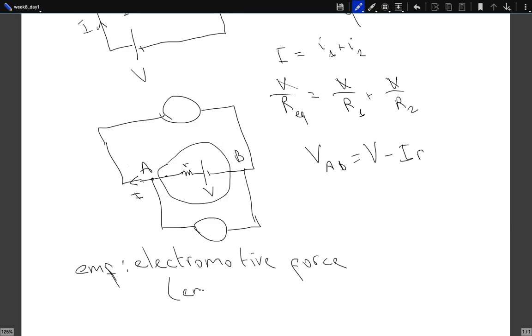Just a warning: EMF is not a force. Although its name has the word force, it is not a force. So we will always use the terminology EMF.